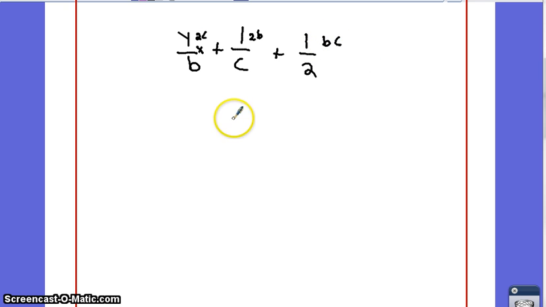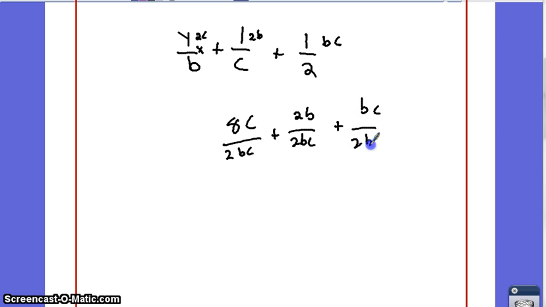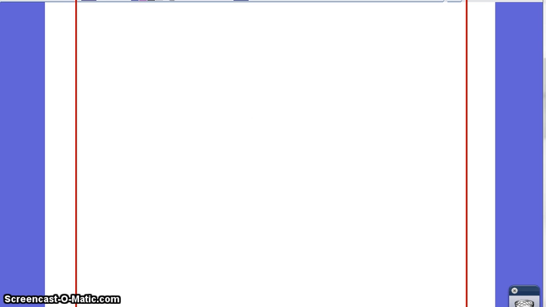When I do that, I get 8c, because 4 times 2 is 8, times c over 2bc, plus 2b over 2bc, plus bc over 2bc. And when I'm done with it, I get 8c plus 2b plus bc over 2bc. Okay? Not too hard of a problem.